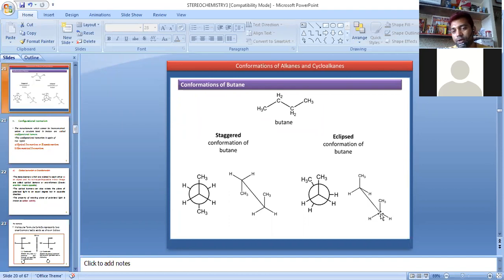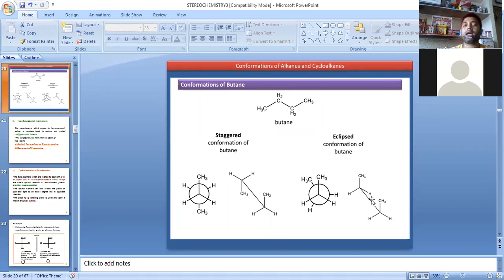So if we see from here, only the front carbon atoms will be visible. It means the angle between the front carbon atoms and back carbon atoms is 0. So this dihedral angle will be 0, and that is known as eclipsed conformation.